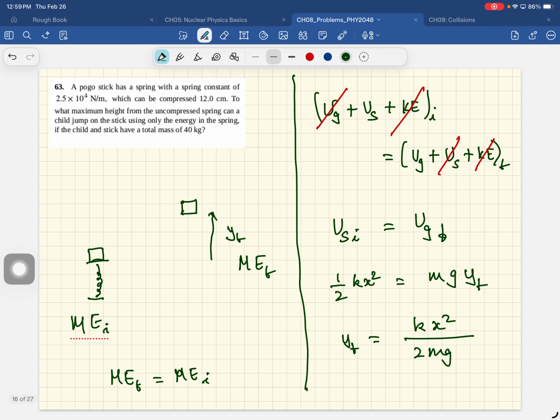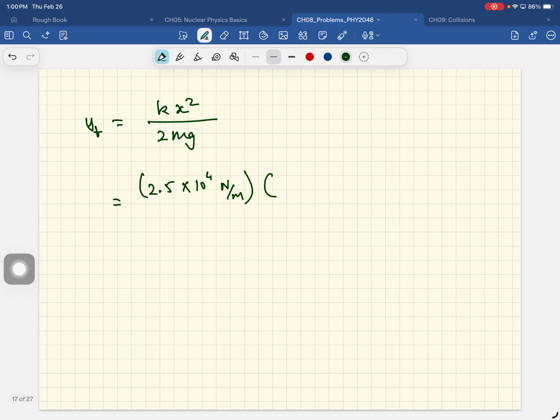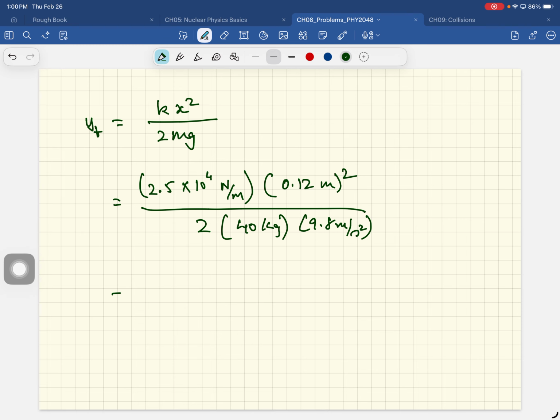The spring was compressed 12 centimeters, which is 0.12 meters. 40 kg is the mass of the child, and this will work out in meters.